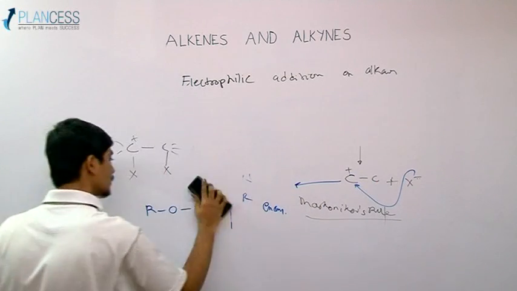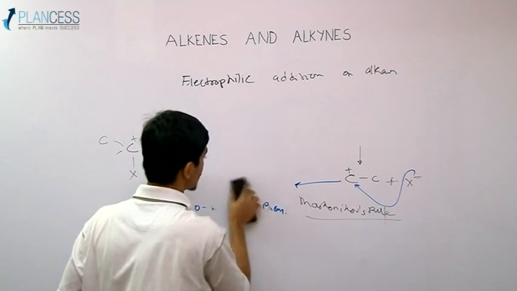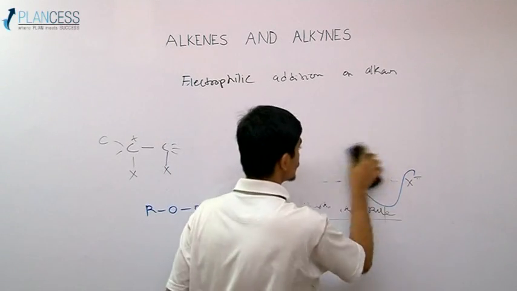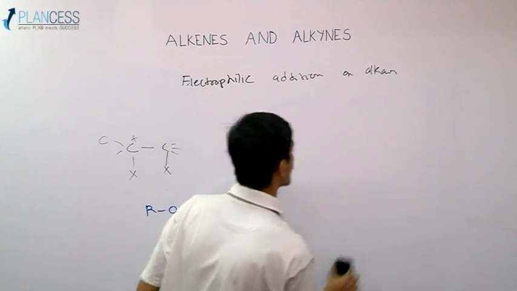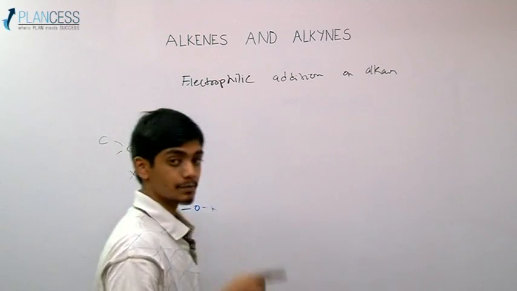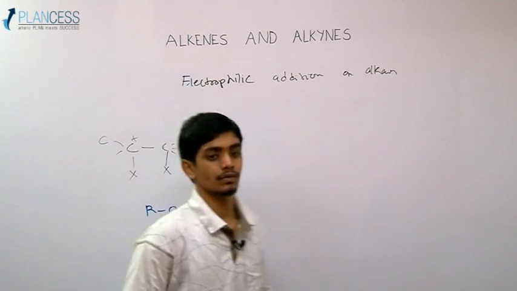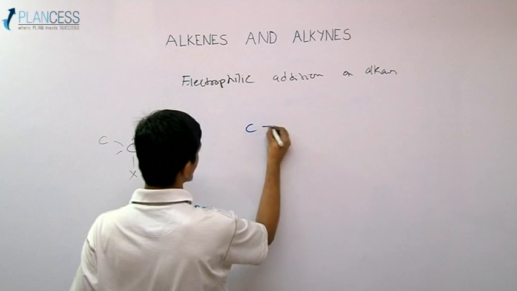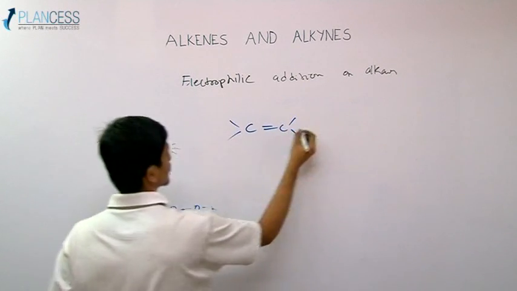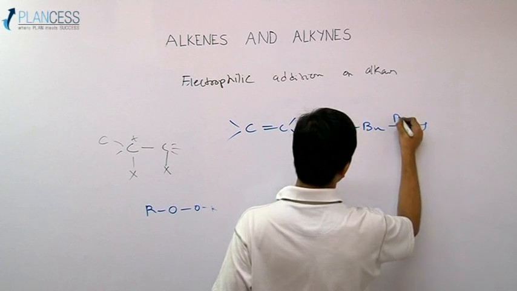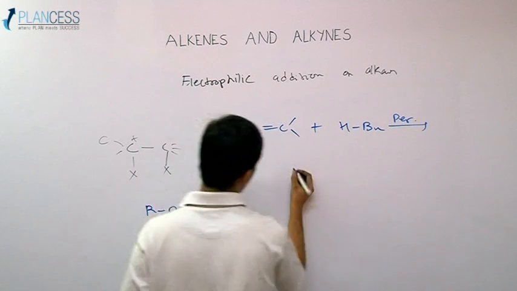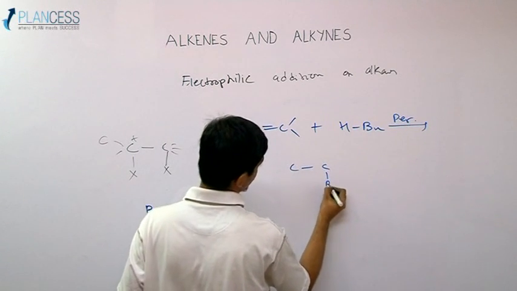You remember how alkenes react with chlorine to give chlorides? The same way these alkenes also will react with chlorines, or not with chlorines, with bromines, and bromine alone with HBr. That is, if we take this plus HBr in presence of peroxide, then we get some compound like this.